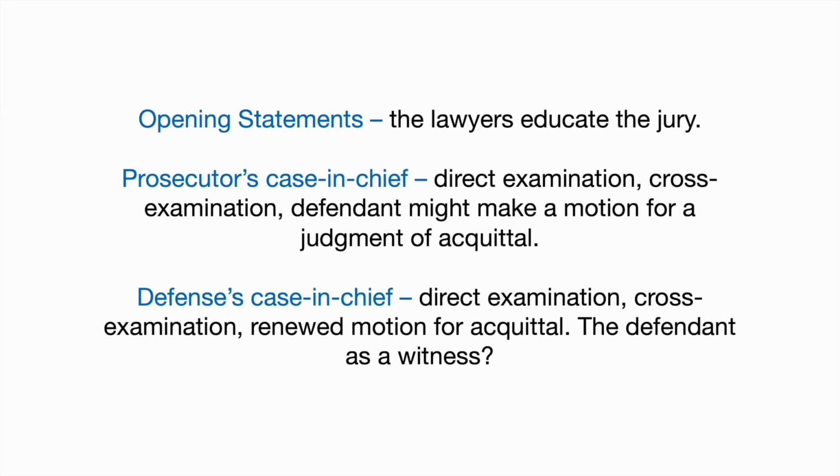A judgment of acquittal would be the judge saying, even with the defendant not putting their case on, the prosecutor did not meet their burden of proof of establishing every element of every charged crime beyond a reasonable doubt, so the judge would acquit the defendant, which would mean not guilty. They can go home and go about their life. Of course, it is shocking and rare when a judgment of acquittal gets granted. Usually it's just a formality.